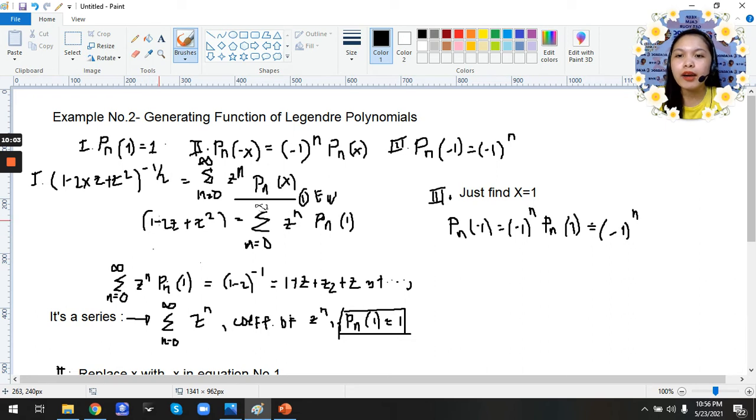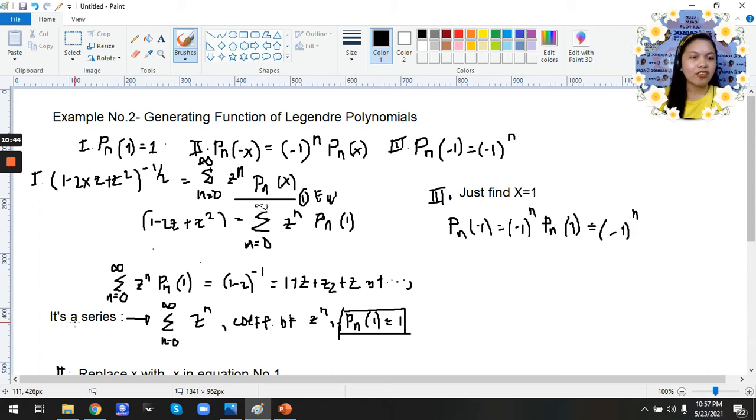And we have 1 minus 2z plus z squared is equal to the summation from n equals 0 to infinity of z to the power of n times P sub n of 1. Let's find out. For the summation of z to the power of n times P sub n of 1, it is equal to 1 minus 2z plus z squared to the power of negative 1/2, which is 1 plus z plus z squared plus z cubed and so on and so forth.